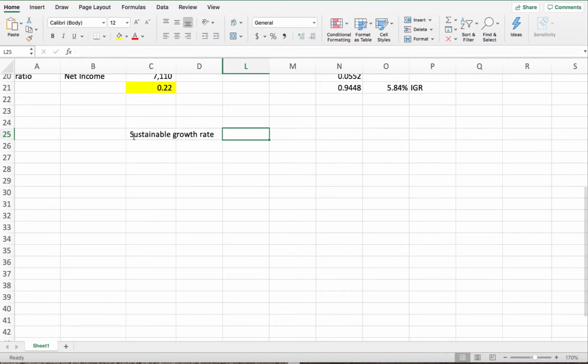Well, that's easy. It is ROE times the plowback divided by, you guessed it, 1 minus ROE times the plowback.